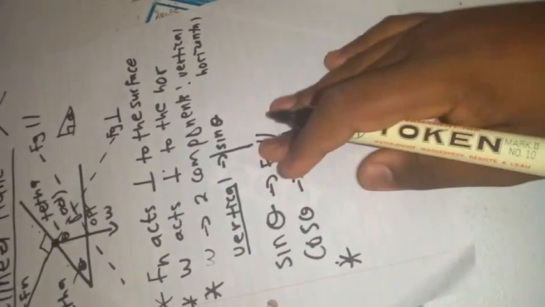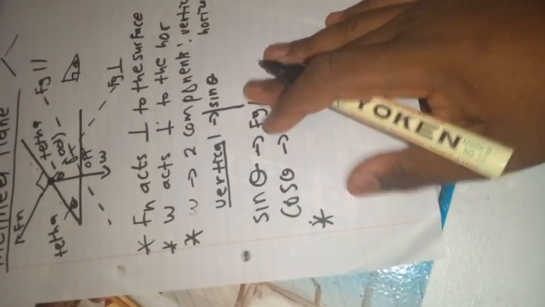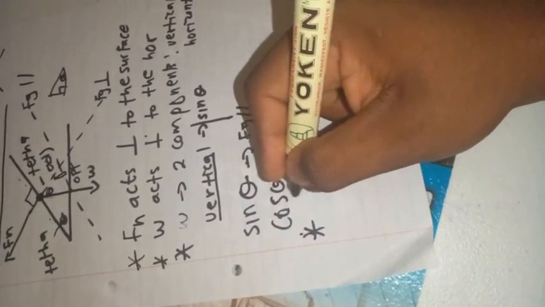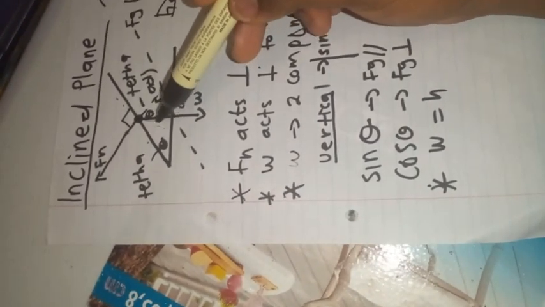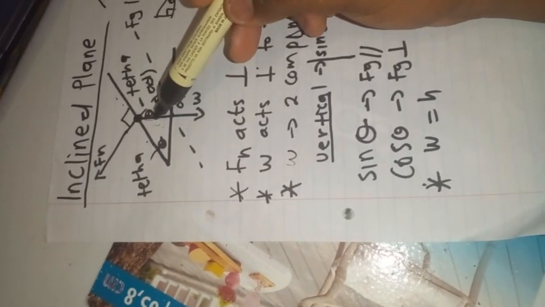And then what you have to know, the weight is equal to the hypotenuse side. So this is taking us back to trigonometry, whereby this is the longer side. So when you want to calculate the weight, you will simply say mass times g. Let's just say you want to calculate the hypotenuse.